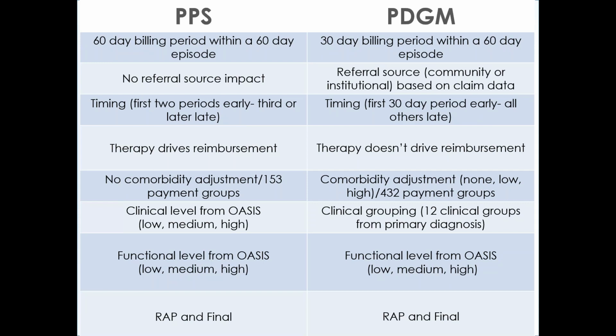And then next, PDGM classifies each 30-day period as either a community admission or an institutional admission, something that we are not identifying now in our current PPS system. Almost all second and subsequent 30-day periods will be classified as community.